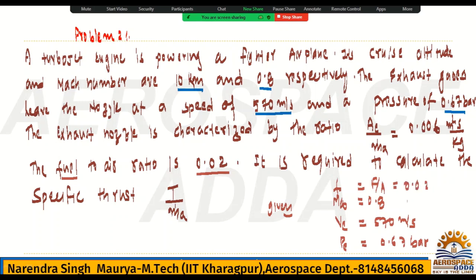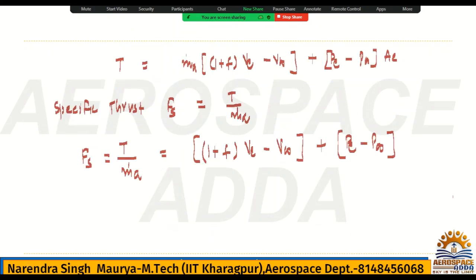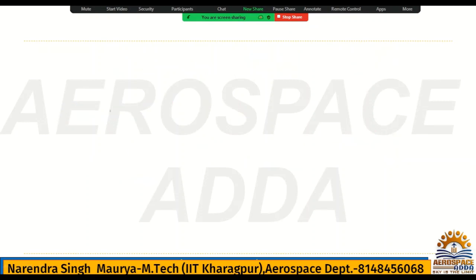These are the given values. Yes or no? Now in the formula, what are the given values? Small f you have, Ve you have, V infinity you don't have, but the Mach number is given, so you can calculate it. Pe you have, but P infinity we don't have. So first of all, at 10 kilometer we need to calculate P infinity and T infinity, then you will calculate V infinity.